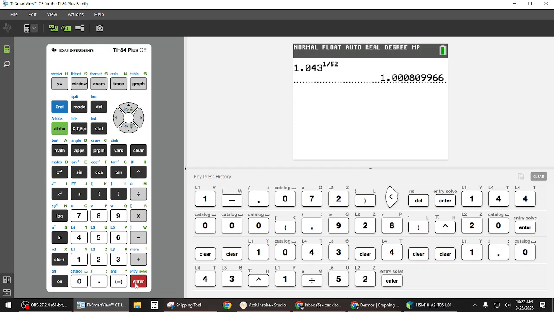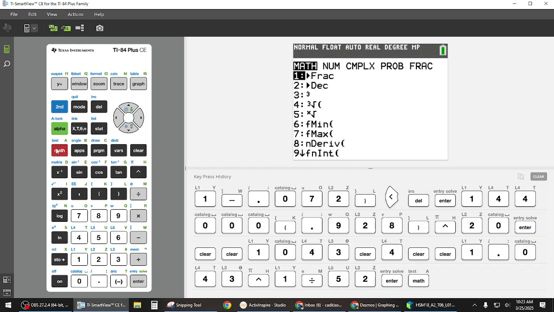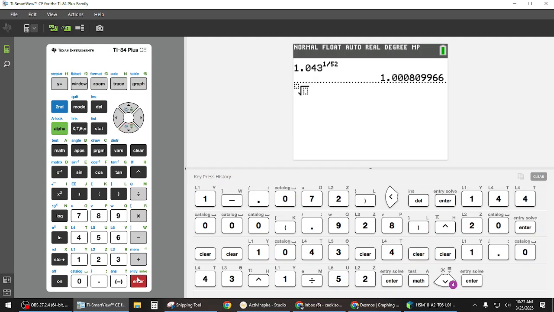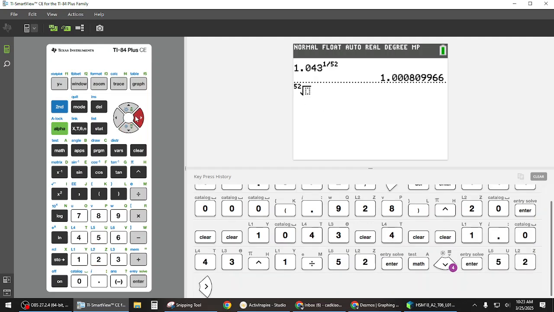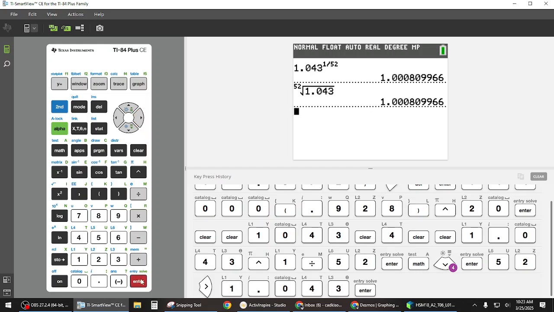That's the same thing as math and number 5. Do you see number 5 there? Depending on your calculator, this way, you have to put in the 52 first. This is why I don't like it. It's one reason. So we want the 52nd root of 1.043. But it's the same. So definitely pick your method, but I think the first one is way faster.